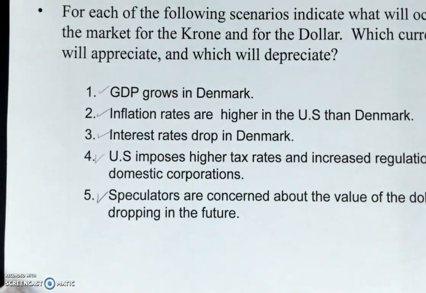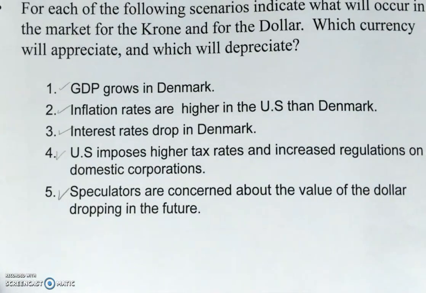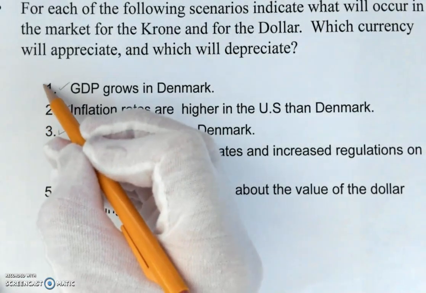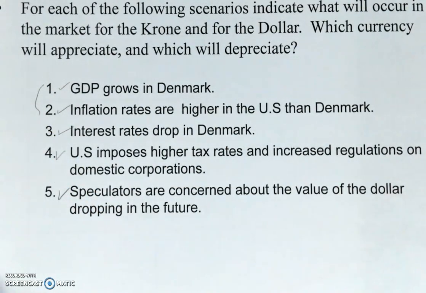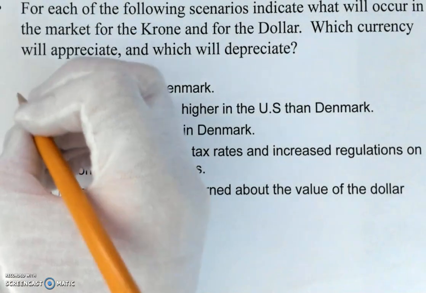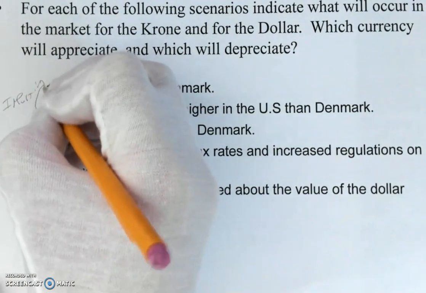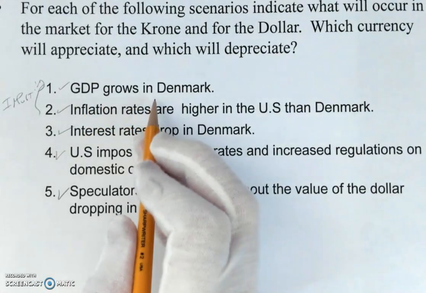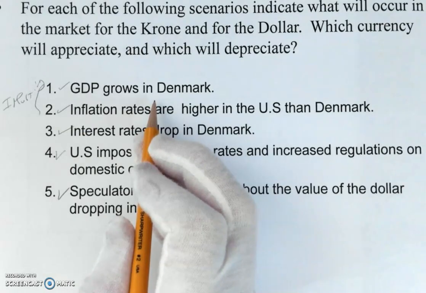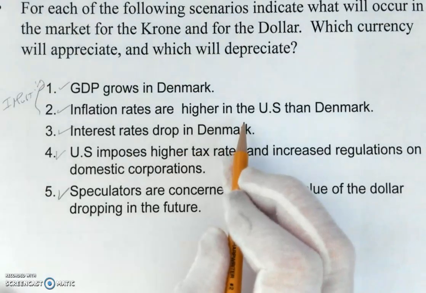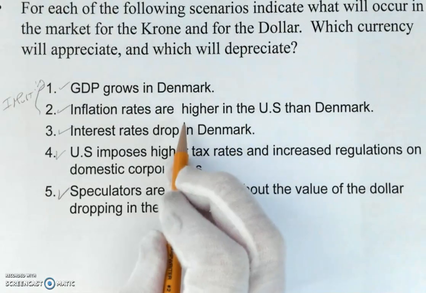Now you have the graphs to go with it. Let's summarize. So notice that these first 2 here are related to the idea of importing. This is GDP grows in Denmark. They want to import more from the U.S. Inflation rates are higher in the U.S. than in Denmark.